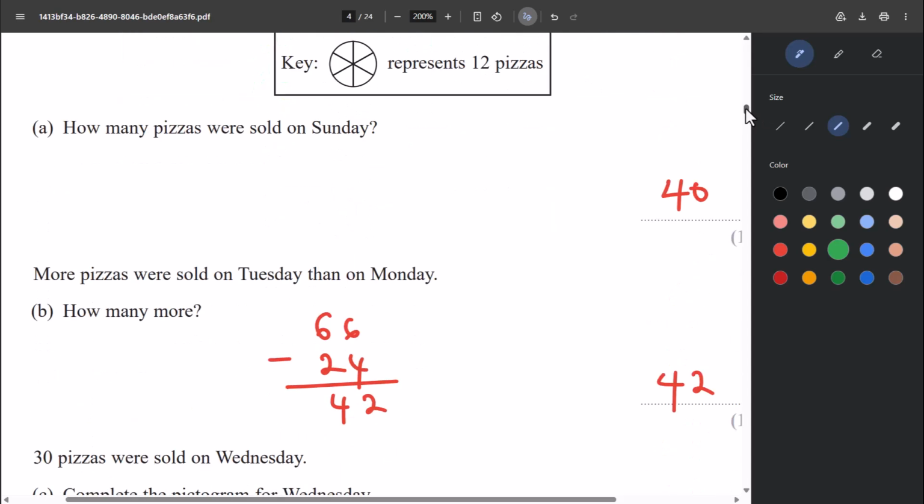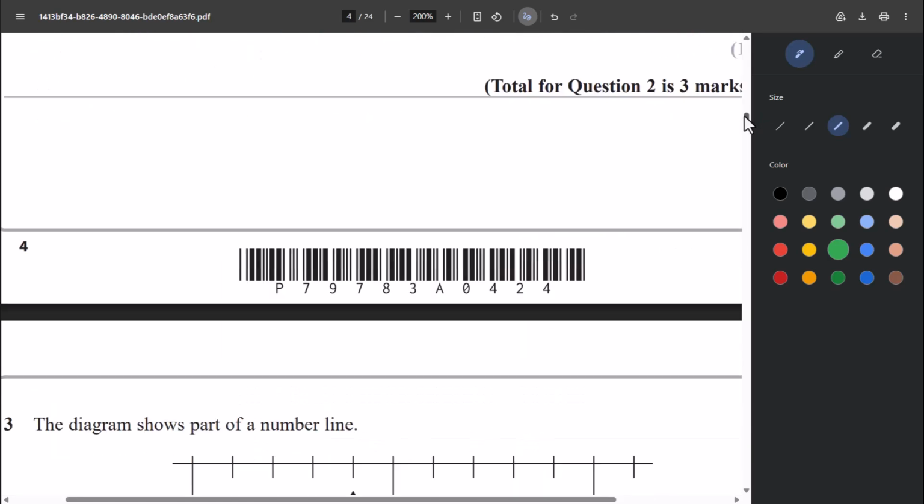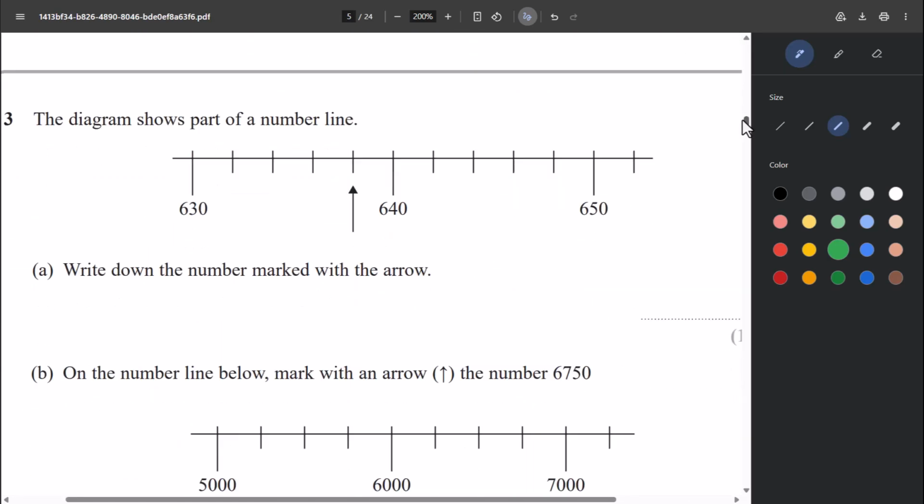All right, so we head on to the next question, number 3. The diagram shows part of a number line. Write down the number marked with this arrow. Now you have to study the diagram to tell exactly what number the arrow is pointing to.